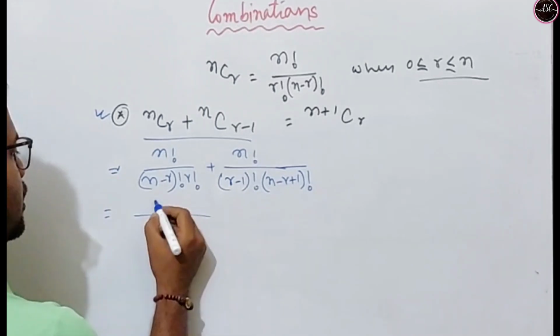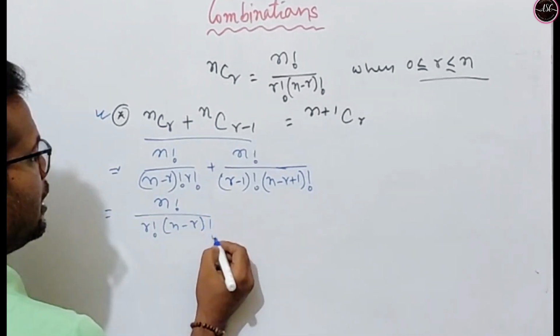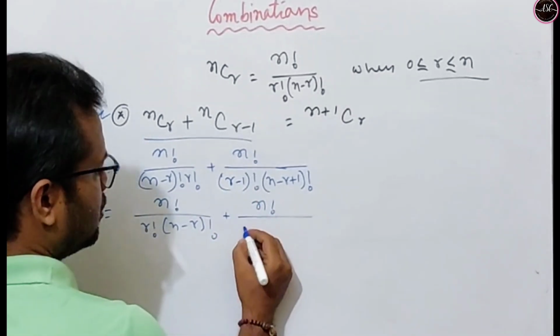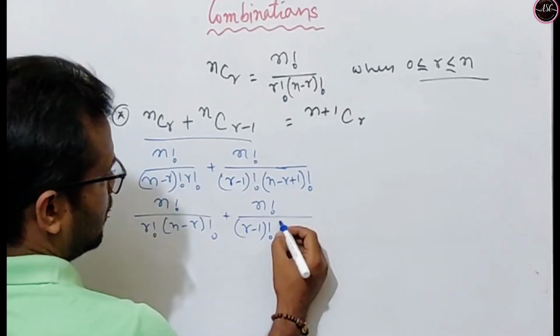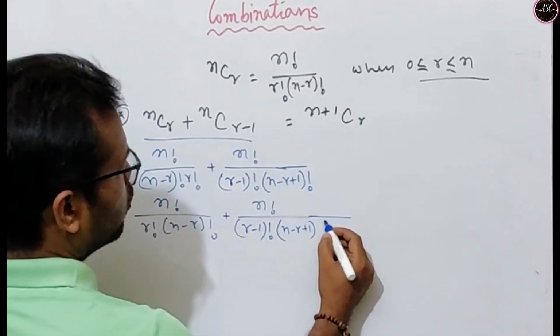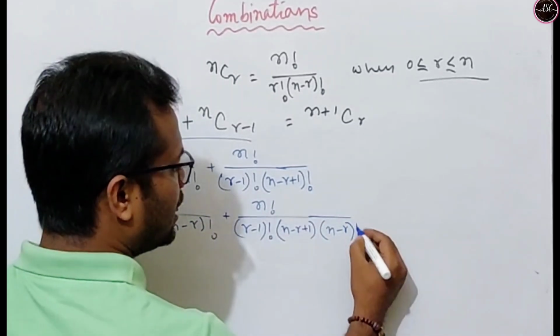Here this can be written as r factorial into (n minus r) factorial, and this can be written as n factorial divided by (r minus 1) factorial, and here this can be written as (n minus r plus 1) into (n minus r plus 1 minus 1), that means (n minus r) factorial.